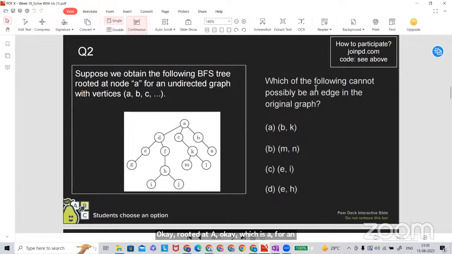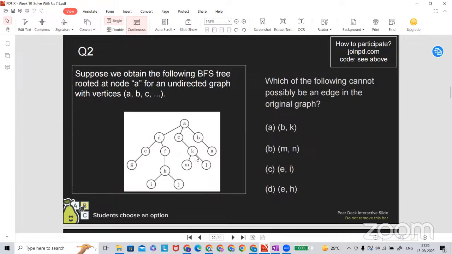Which of the following cannot possibly be an edge in the original graph? This is the problem. Which of the following cannot be an edge in the original graph, and this is a BFS tree. Please everyone solve.